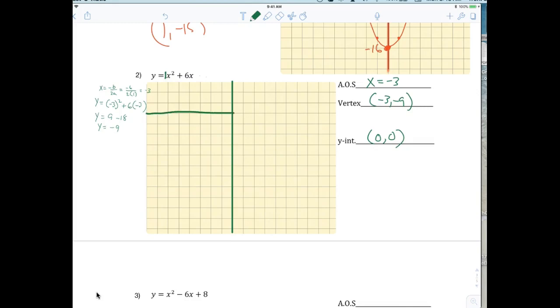So again, now I'm seeing if I went down 9. 1, 2, 3, 4, 5, 6, 7, 8, 9. That is correct. So now my vertex, I had room, so I went ahead and did that. So I'm making that negative 9. Is everybody good with that? I just did that just to see if I had enough room.